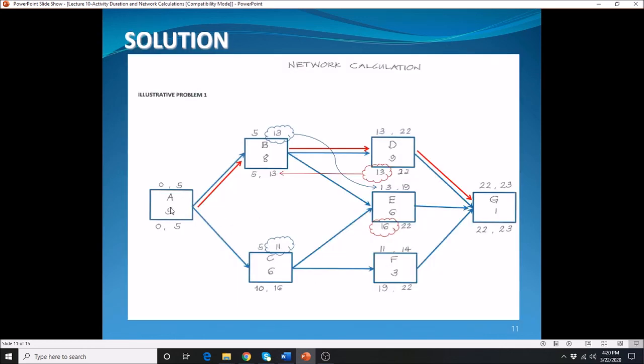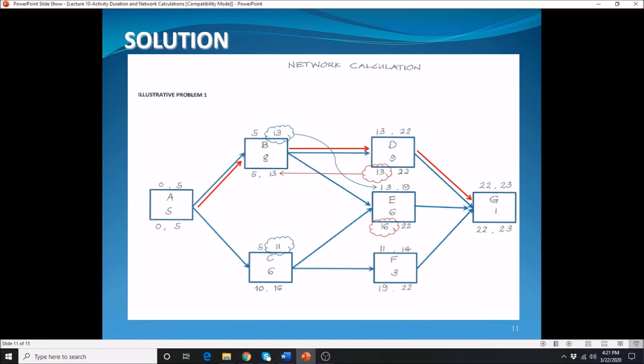We have here activity A. It has no predecessor. Activity B and activity C will follow activity A. As I mentioned a while ago, drawing the network diagram proceeds from left to right, top to bottom, in alphabetical order.